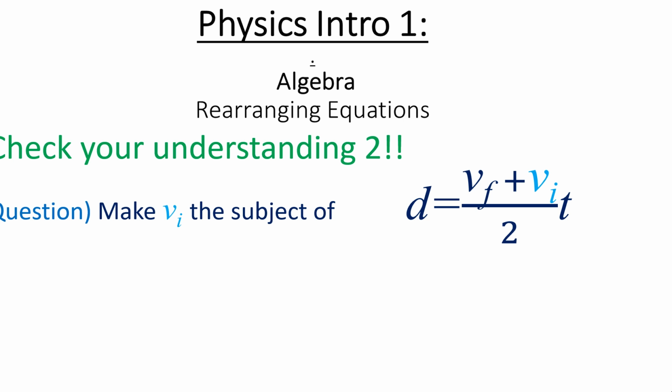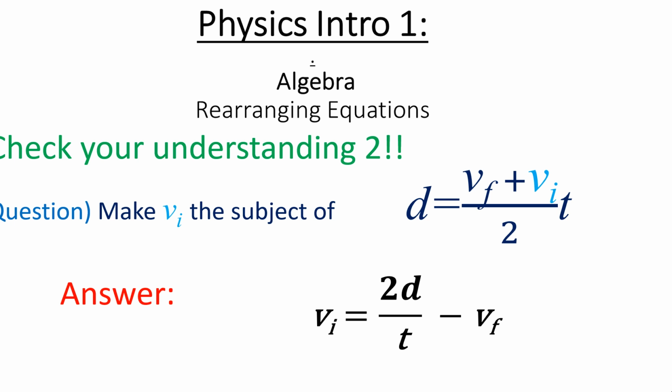Trust me, it's really going to help you much more if you do this on your own, and don't check the answers until you've done the absolute best you can to get the answer yourself. Okay, I'll give you a few more moments to work it out, and the answer will be vi equals 2d over t minus vf.